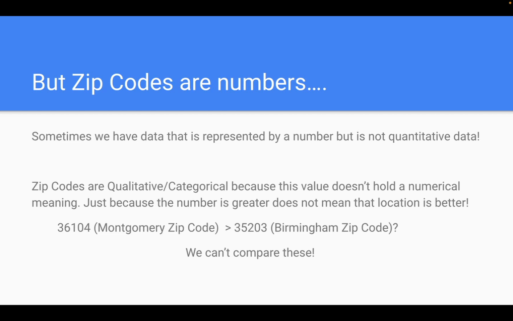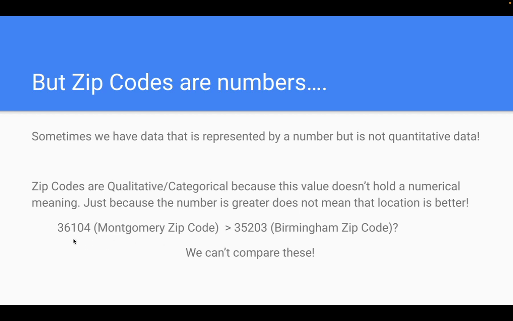So back to the example of zip codes. These are numbers. So sometimes we have data that is represented by a number that is not quantitative. Like I said, zip codes are qualitative or categorical because they don't hold a numerical meaning. Just because the number is greater doesn't mean the location of a zip code is better.